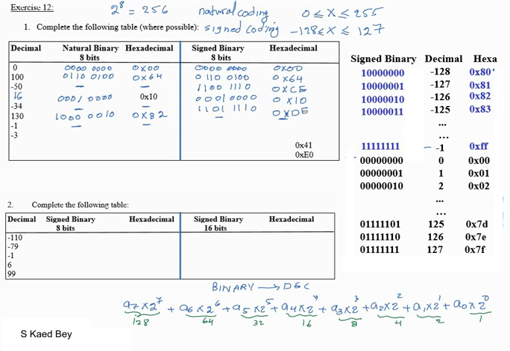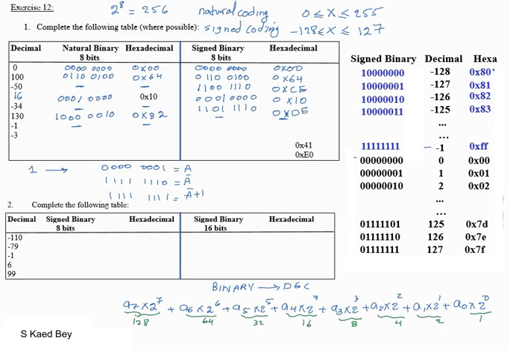Alternatively, we can find the equivalence of a negative one by first taking 1. This is equivalent to 0000 0001 in 8-bit representation. Then we take 2's complement. So A bar, we need to find A bar plus 1, and A bar plus 1 in fact is 8 ones.